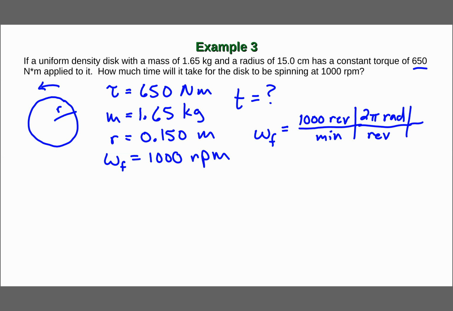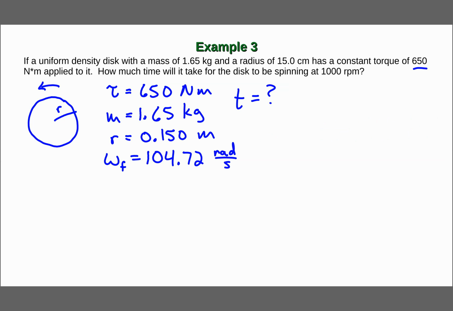Right? And 60 seconds per minute. And then what I get is that this 1,000 RPM is 104.72 radians per second.